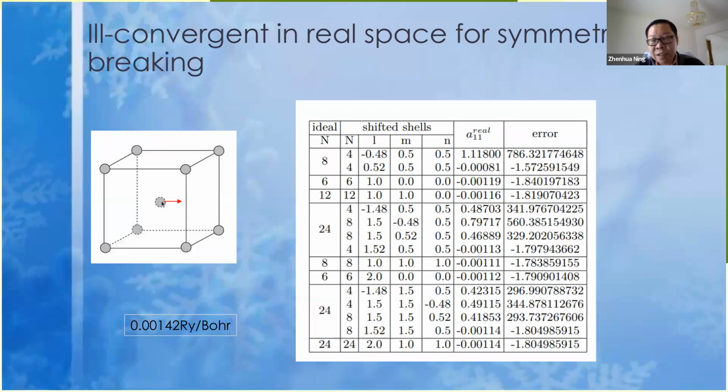If we move the central atom along the x-axis by a little bit, this system can no longer have the Td symmetry. The symmetry breaking causes the shell of neighbors to break. Say for the first shell, the nearest neighbors, they have 8 atoms, 8 sides.